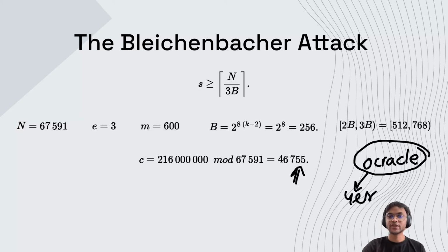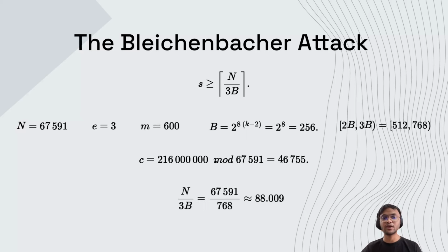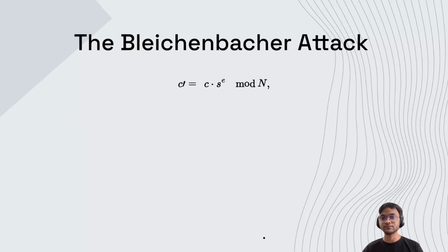Now, for our numbers, we can calculate the minimum value of s as n over 3B, which is 67591 over 768, which is approximately 88. Now, the only integer here is 88, so we'll start with the value 88 as we've taken the ceiling of it. The attacker queries the oracle with manipulated ciphertext.